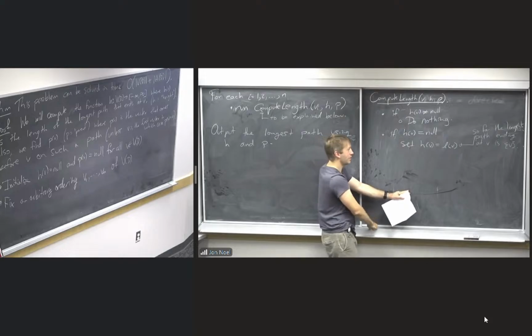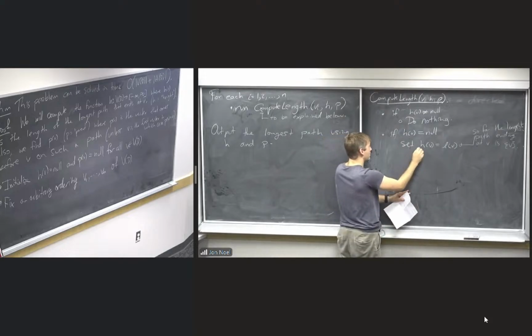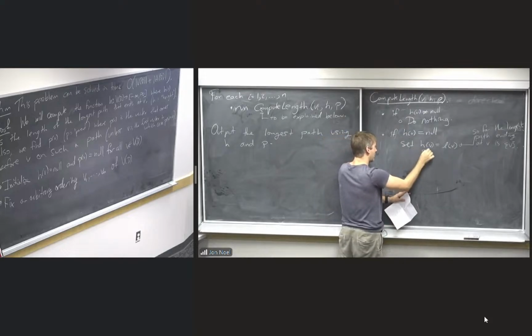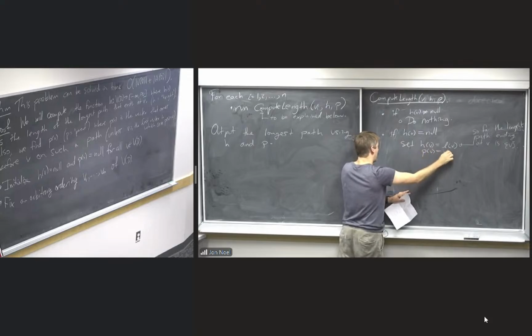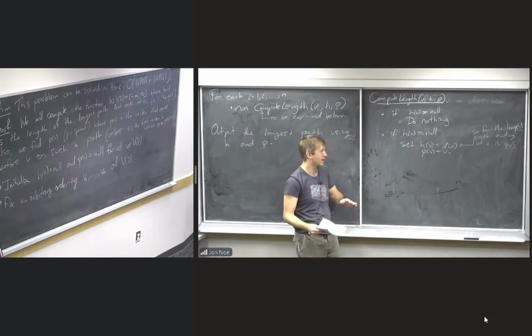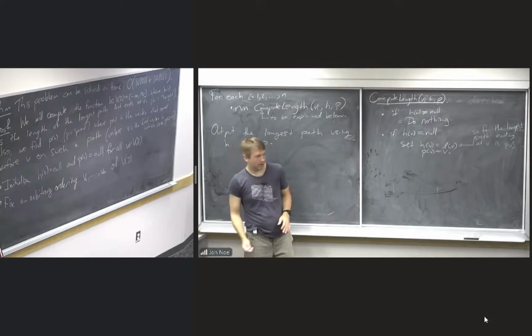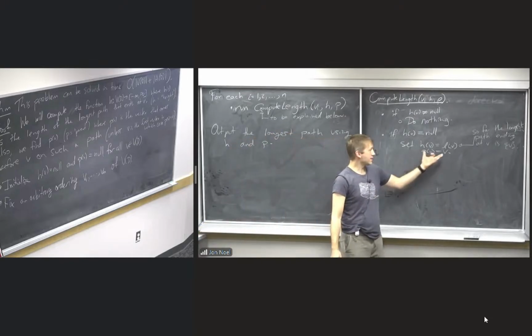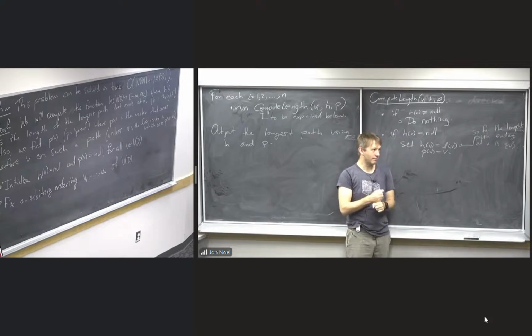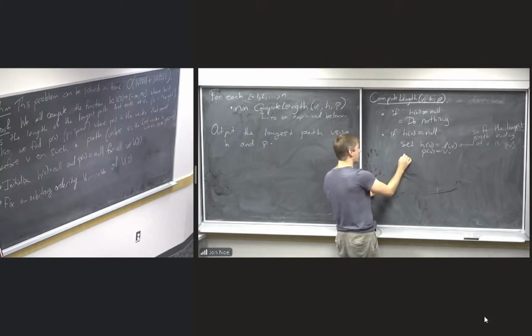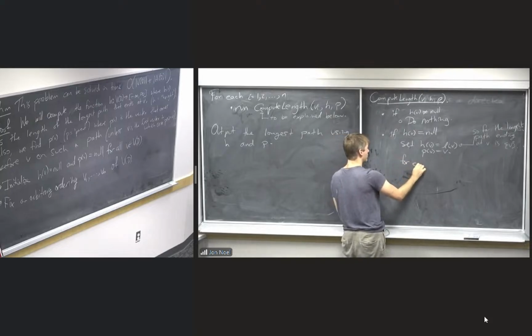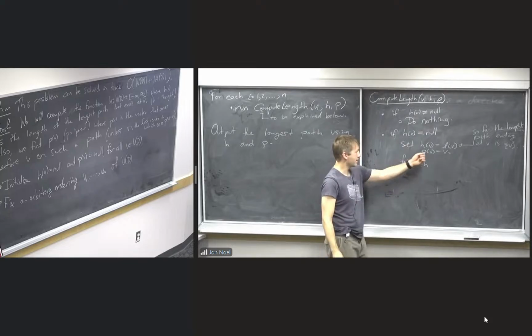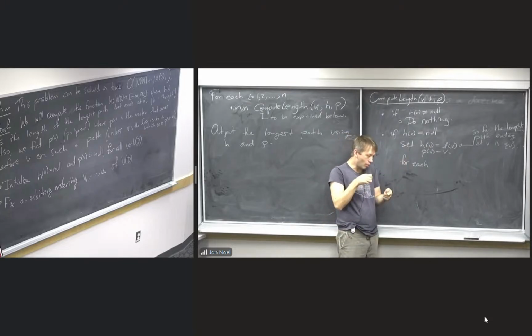This is my best guess at this point, and I'll also set the parent of v to be v, just to say this is a candidate. Just taking the vertex v as a candidate for the longest path, and I'm just going to take that for now.